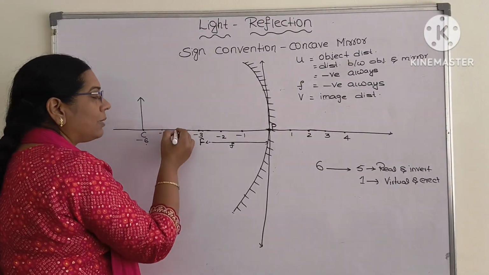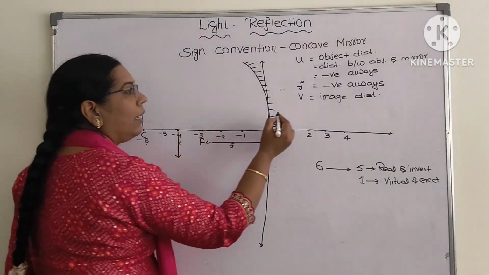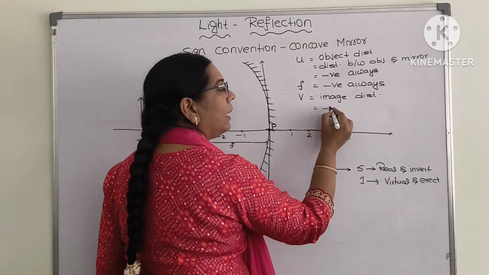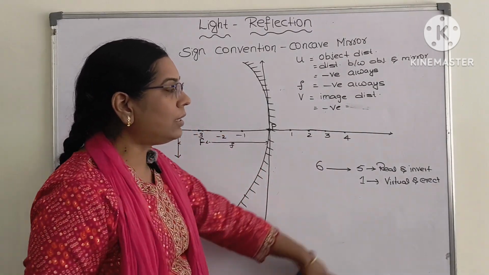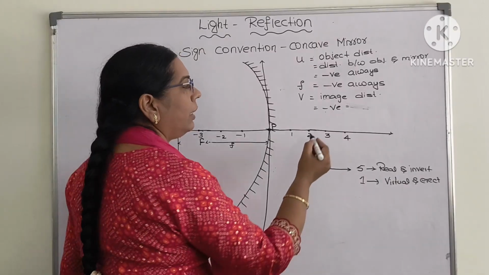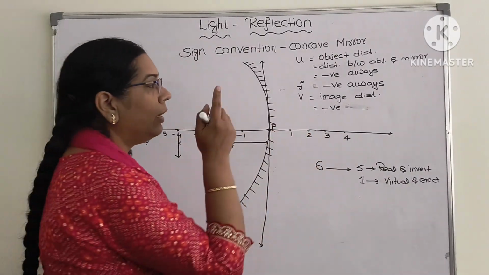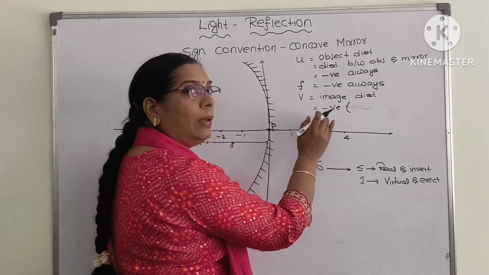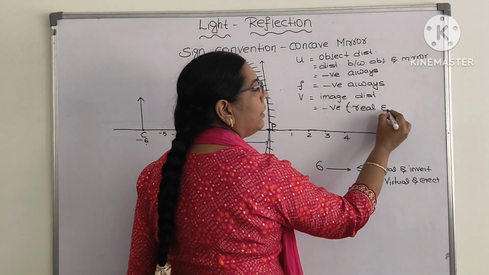This image has its base on the negative x-axis. So again, for the image distance, I will get a negative sign. When will you get a negative sign? When the image is real and inverted. So I cannot write an always condition for v. I have limitations. When the image is real and inverted, I will get a negative sign.